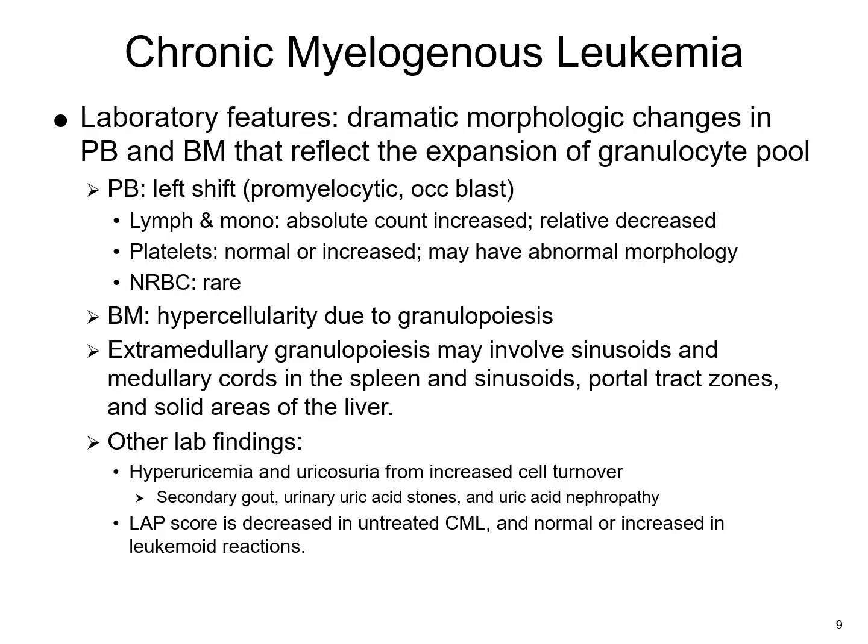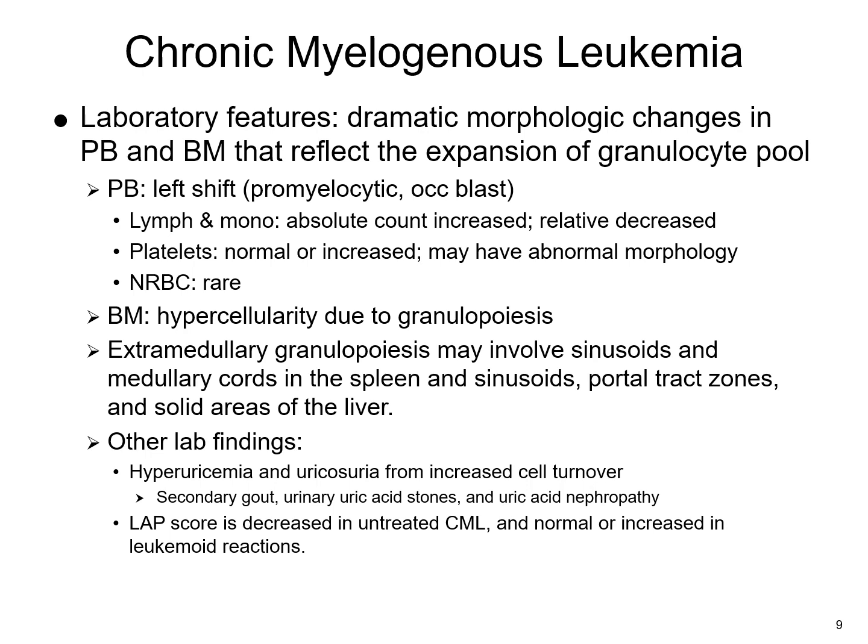For diagnosis of CML, patients have a dramatic morphological change within their peripheral blood and bone marrow that demonstrates an expansion of the granulocytic pool. Within the peripheral blood, you will see a left shift that can extend all the way up through the promyelocytic stage, and you can also have some occasional blasts.